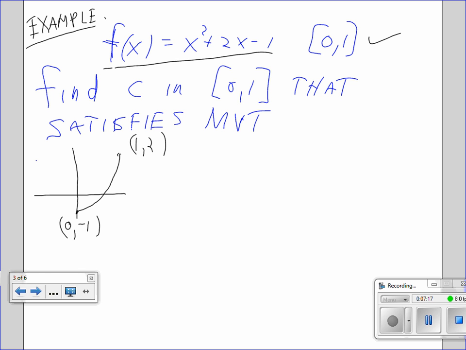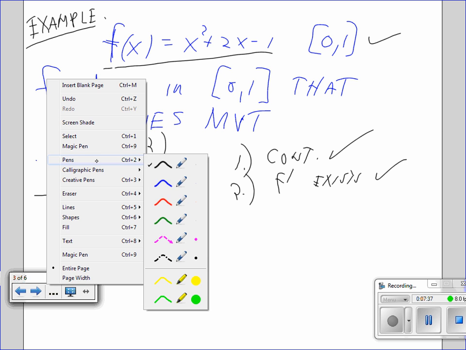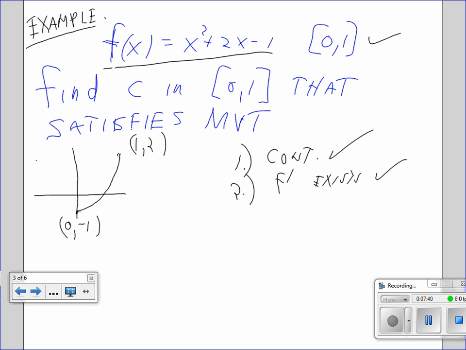And first of all, is it continuous? Continuous, check. Does the derivative exist? F prime exists? Check. All right. So what's my secant line? Well, let's find out. I would draw this secant line here. And so what is it?